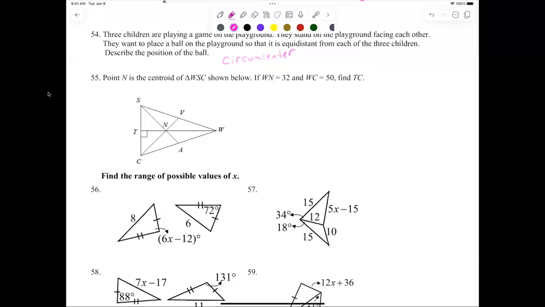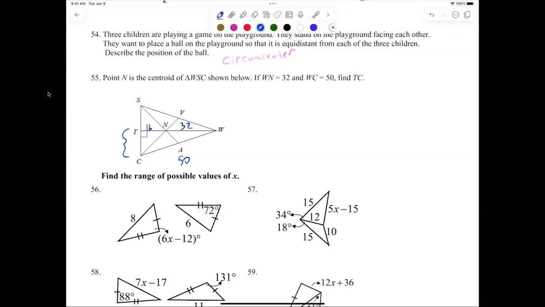Knowing that WN is 32 and NT is what? And WC was how much? How do I figure out what TC is? Solve for what?